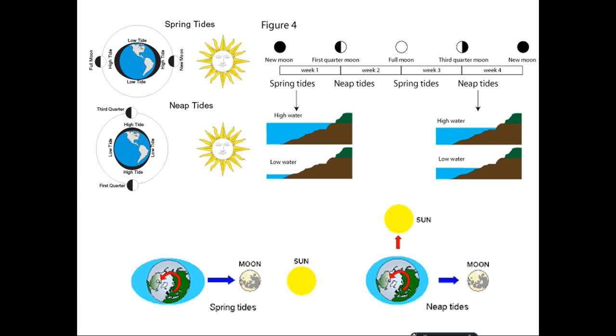The figure shows the systematic layout of spring tides and neap tides. Whenever we consider spring and neap tides, the position of the moon and sun changes, and we have tidal power generation in terms of spring and neap tides.